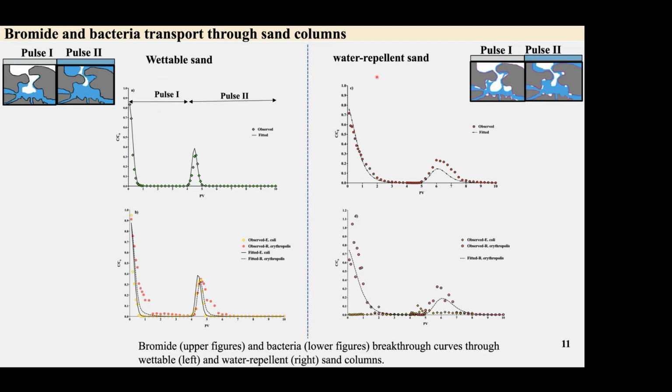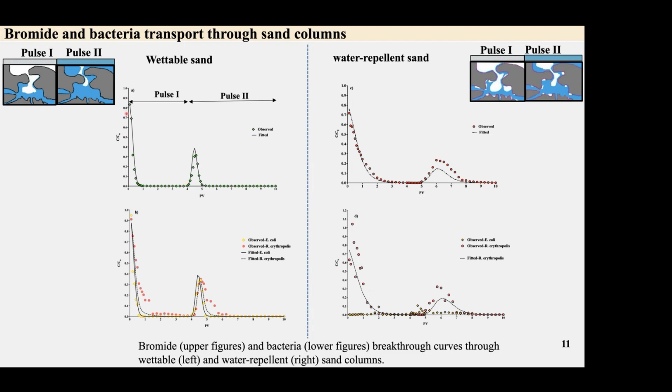On the right side, we have water repellent. The upper figures show bromide breakthrough curves, and the lower figures show the bacteria breakthrough curves. The symbols show the observed data, and the lines show modeling.